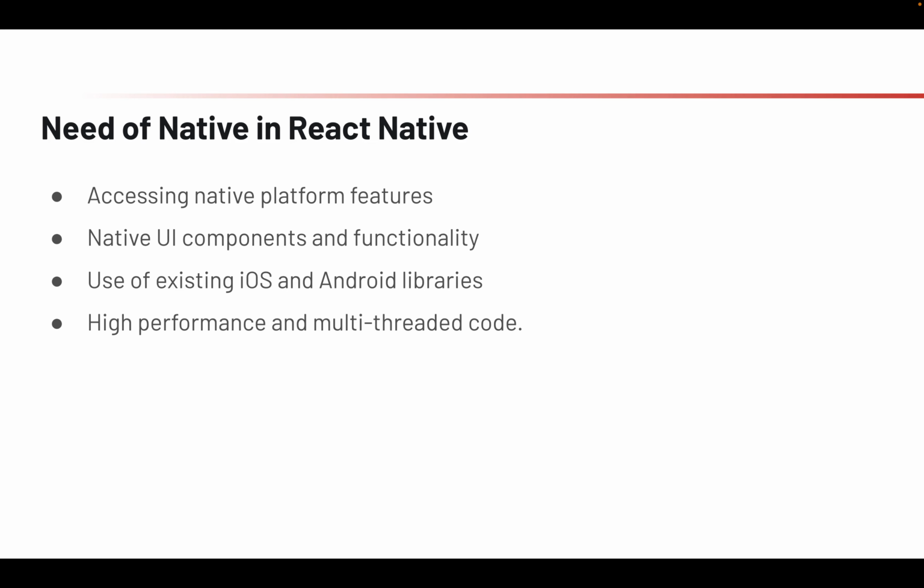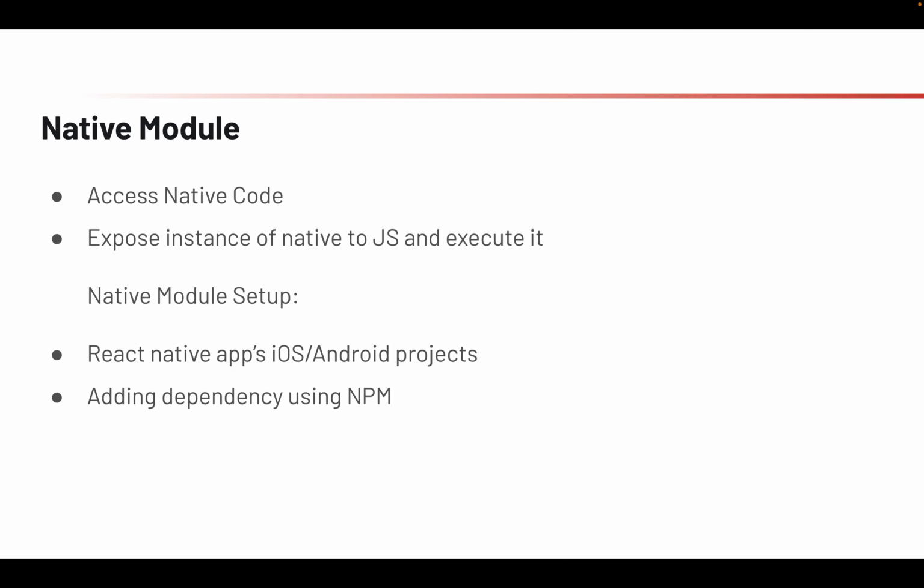And if you want to perform some high performance and multi-thread code, we write it in iOS native code or Android native code, and we can use that directly in React Native.